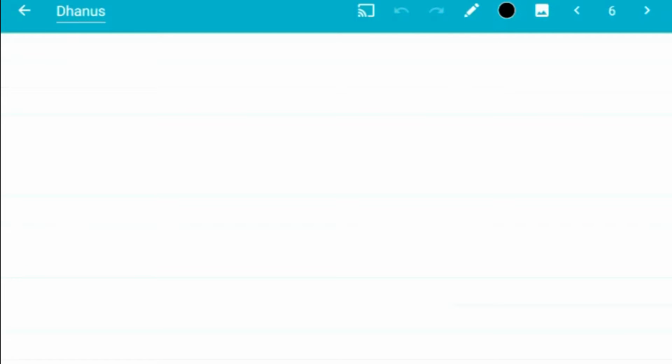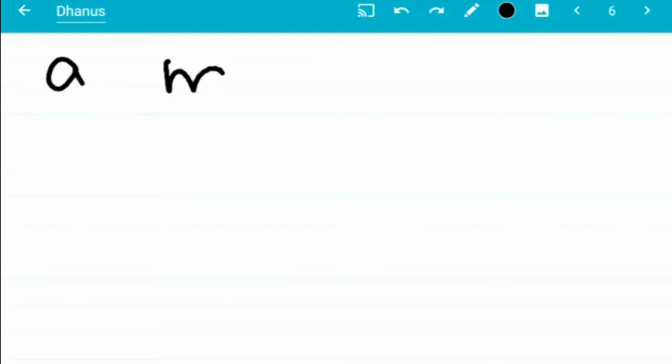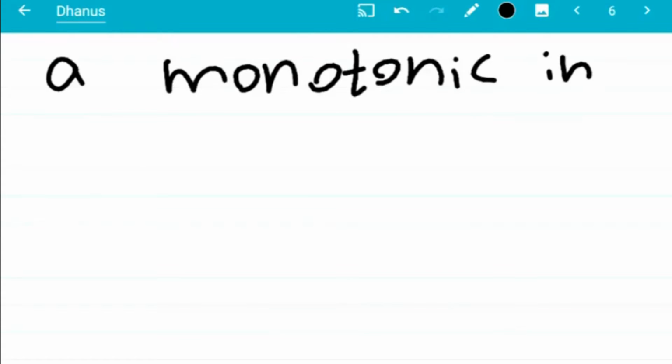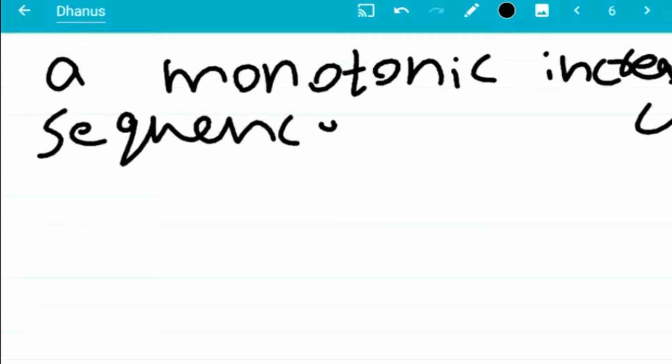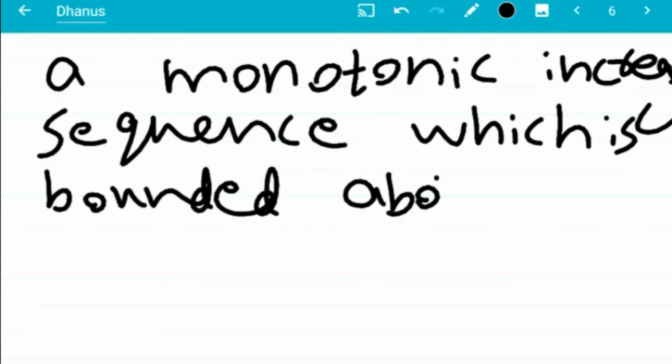A monotonic increasing sequence which is bounded above is convergent.